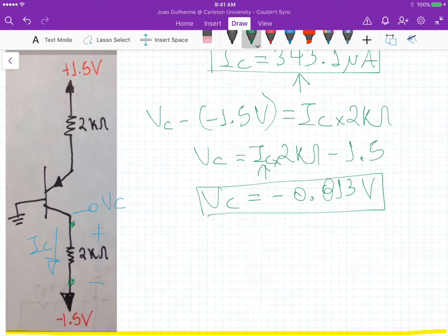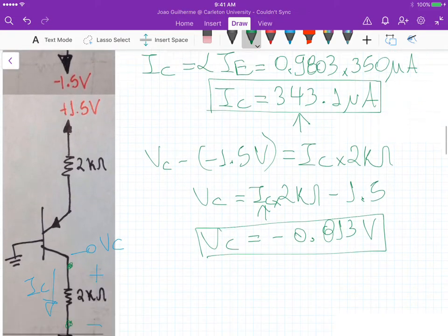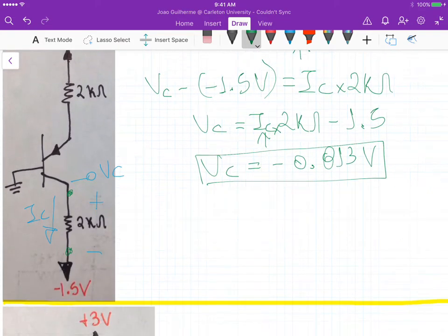So let's see, we have IC, we have IE, we have VB, VE, and VC. We still need to calculate the current at the base, right? So the current at the base, let me pick blue here for the base.